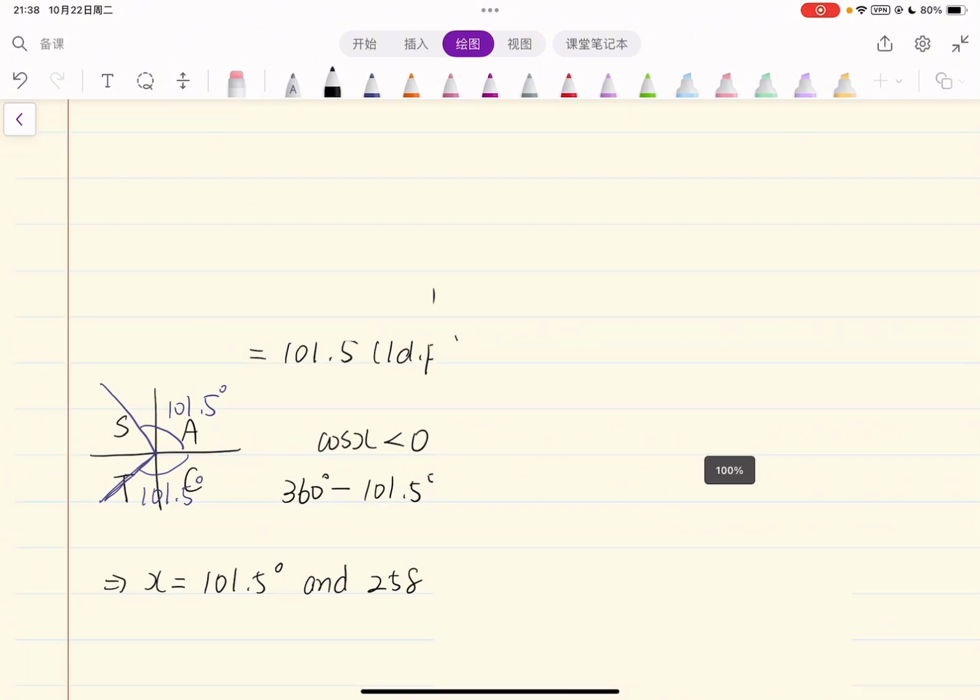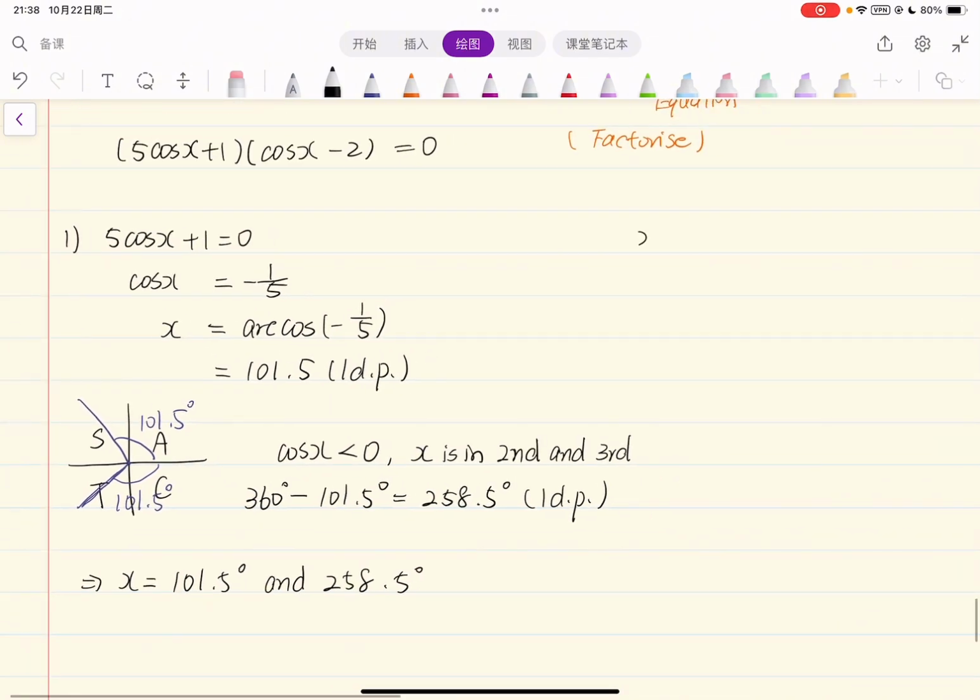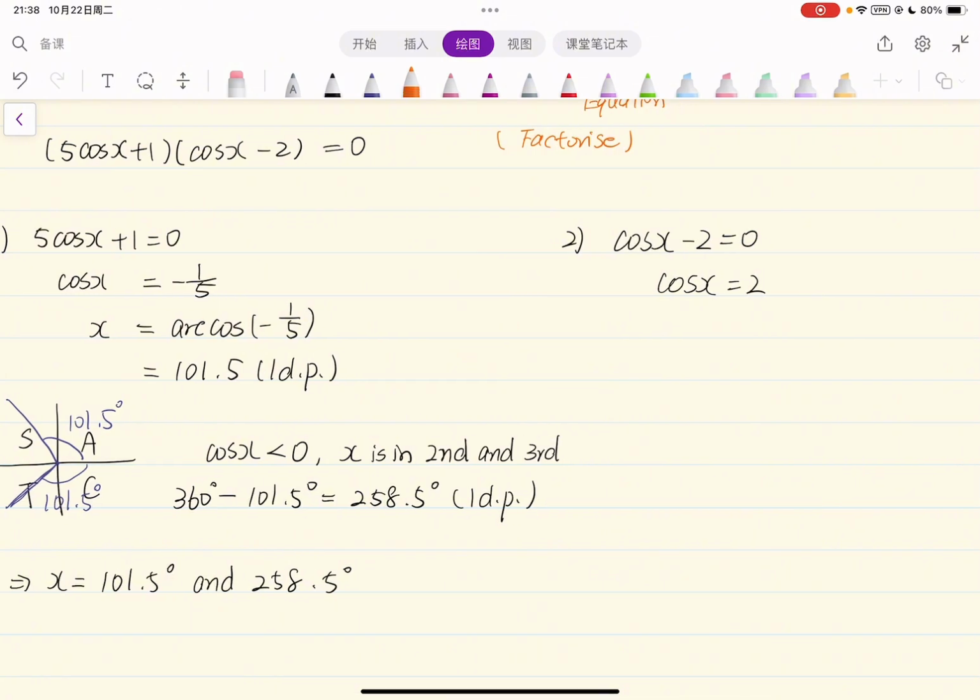Now let us see the second situation, that is cosine x minus 2 equals 0. Cosine x equals 2. But you need to remember that the maximum value of cosine x is 1, and the minimum value of cosine x is negative 1. So for this situation, we don't have solutions.